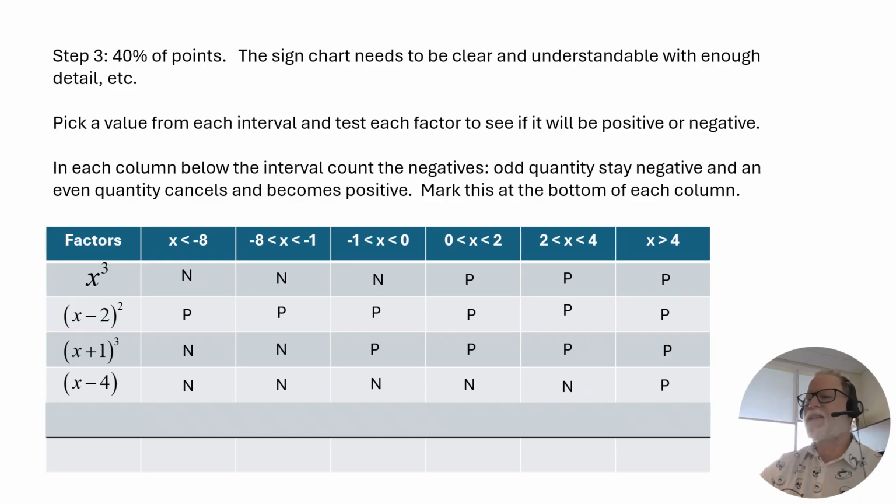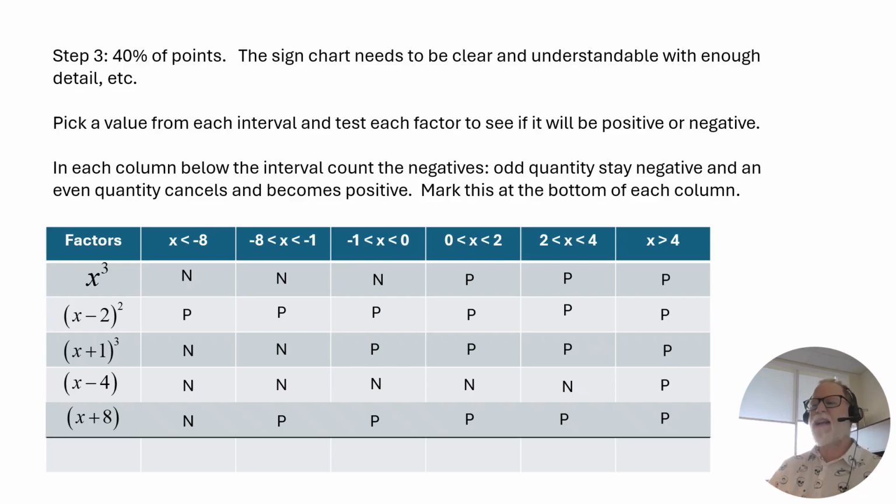Everything less than 4 results in a negative amount, and greater than 4 will be positive. This one is only negative for the -8, and then positive for everything else. In each column, below the interval, you look at the quantity of negatives. These are factors being multiplied, so when you multiply a pair of negatives, it cancels and becomes positive.